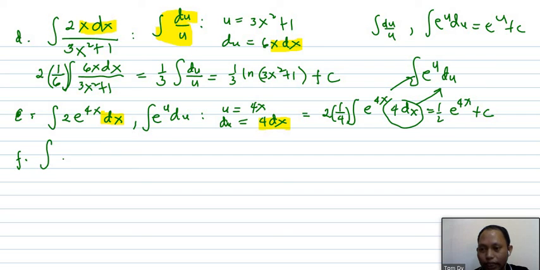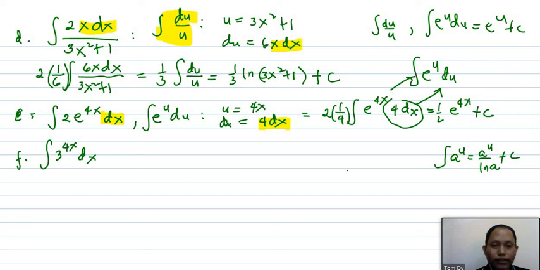Let's say the integral of 3 raised to 4x dx. Okay, for this problem, we can make use of the formula, which is the integral of a to the u, which is equivalent to a to the u over ln of a plus c.